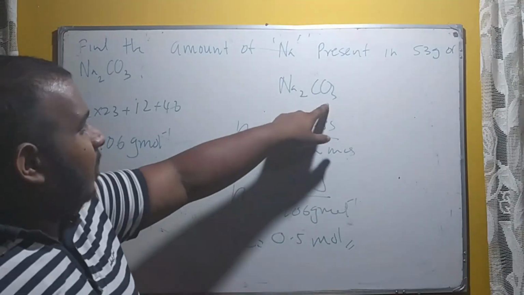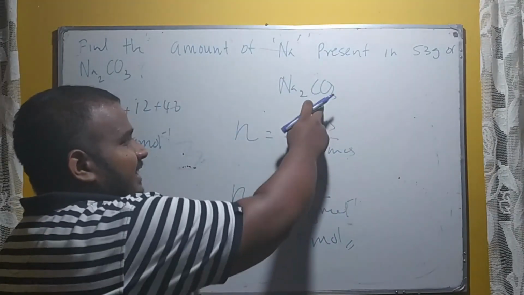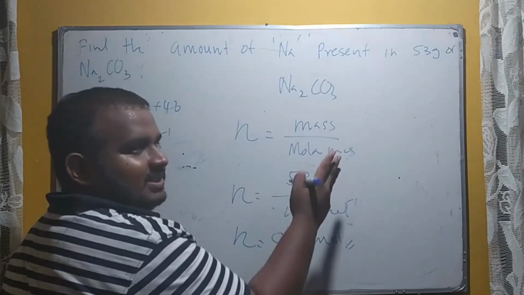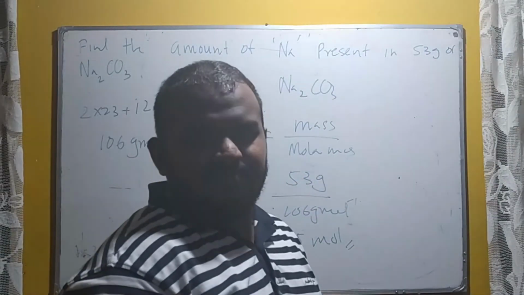Just say how many oxygens will be there? In 1 sodium carbonate there are 3, therefore in half a mole, 1.5 moles will be there.